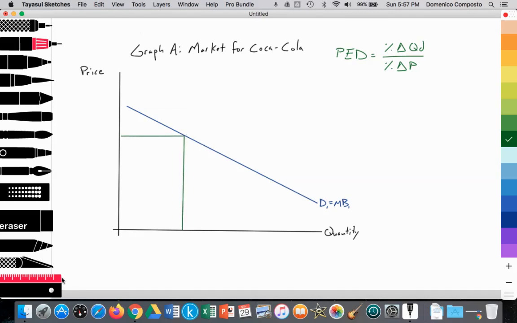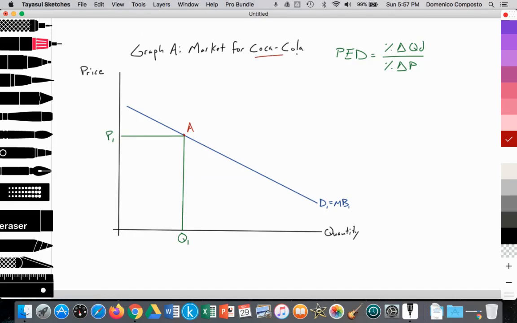Okay, so at a price of P1, the quantity demanded is at Q1, so the rectangular area is reflective of their total revenue. All right, so they're producing at point A along their demand curve.